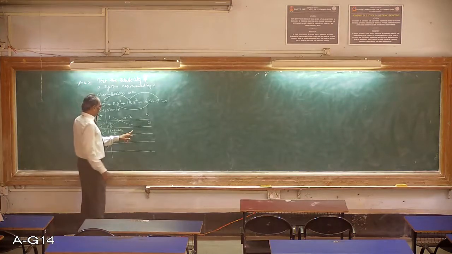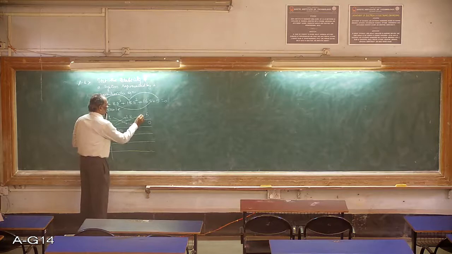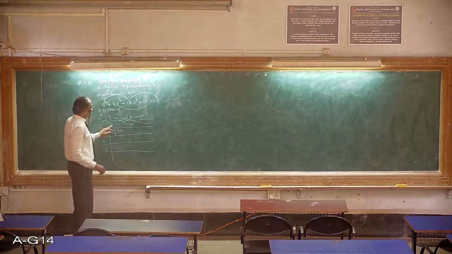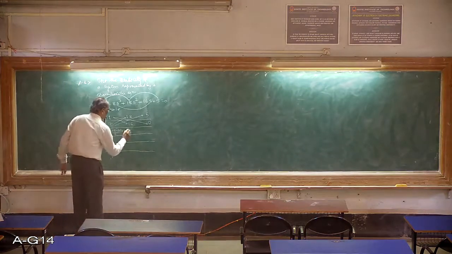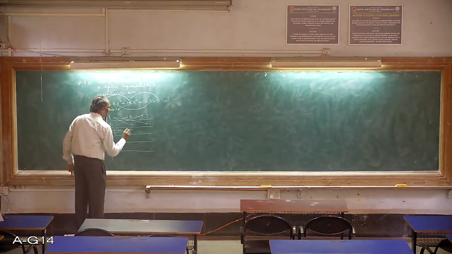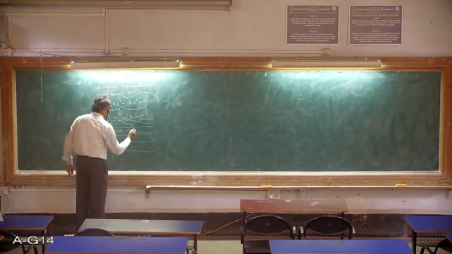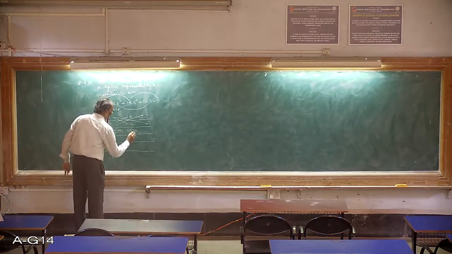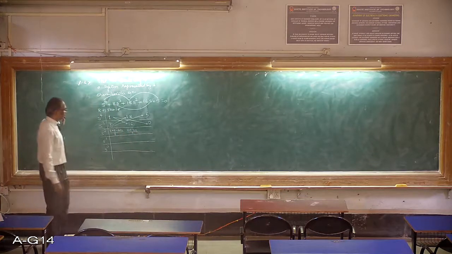Now to get the next coefficient: 8 into 5 minus 1 into 0 divided by 8.